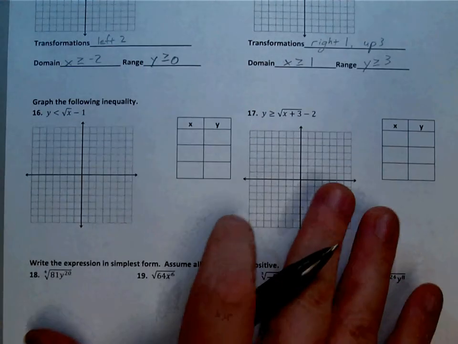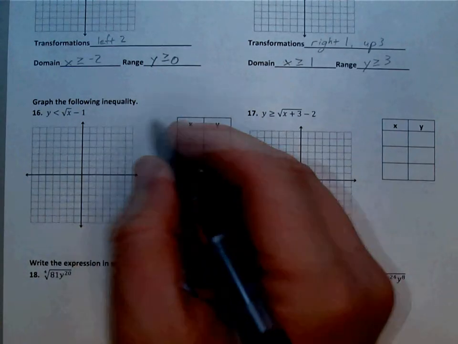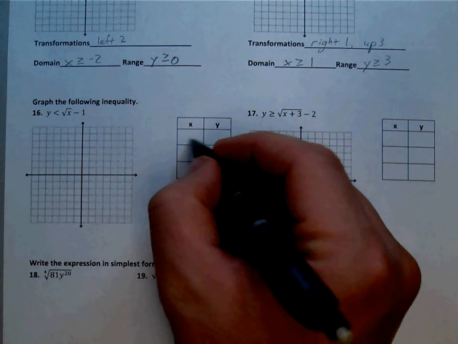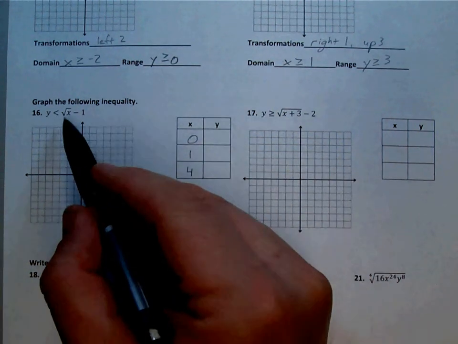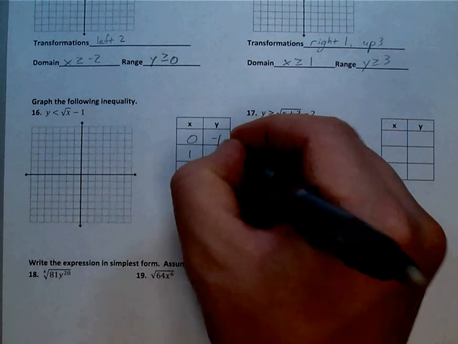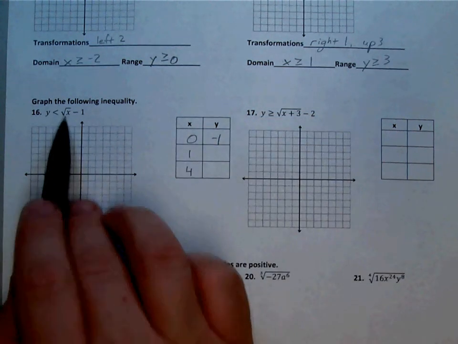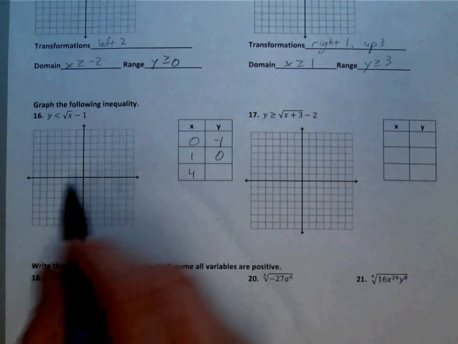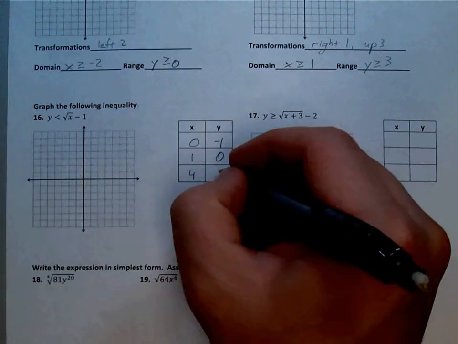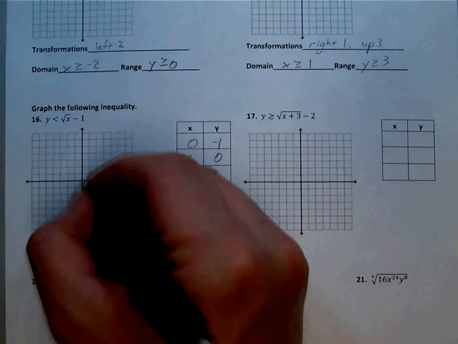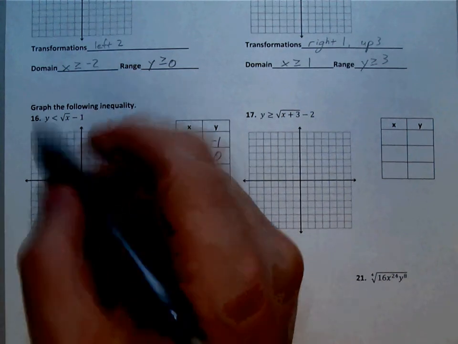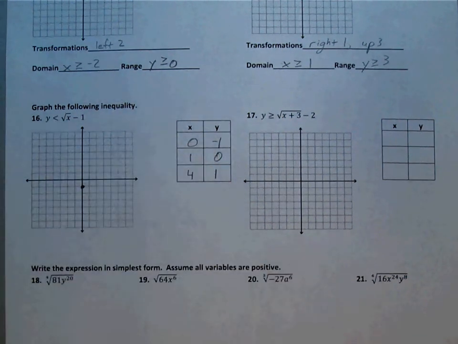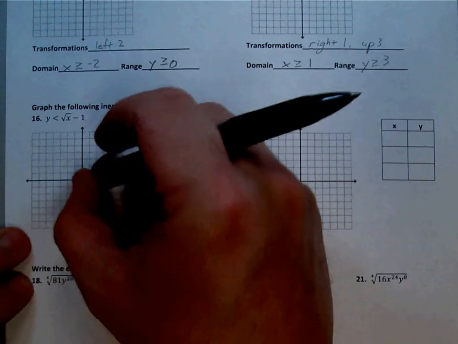16 and 17, we have inequalities. So on number 16, we can plug in 0, 1, and 4. Square root of 0 is 0, minus 1 is negative 1. Square root of 1 is 1, minus 1 is 0. Square root of 4 is 2, minus 1 is 1. So 0, negative 1. I actually should do an open circle here, because it's not equal to, and that's my endpoint.